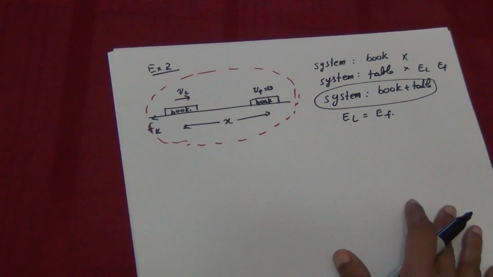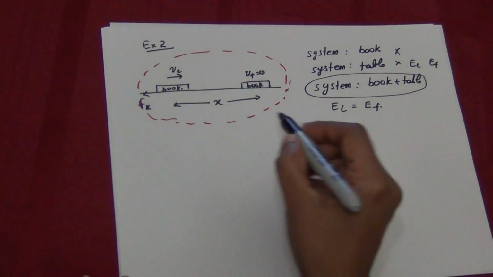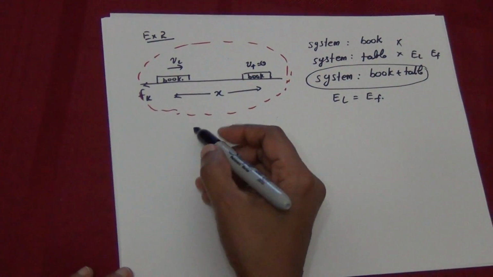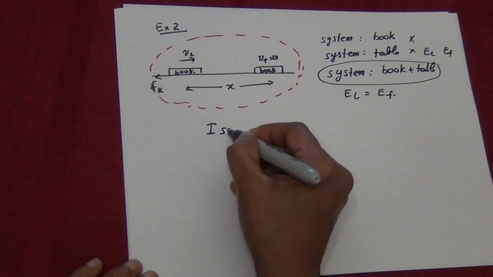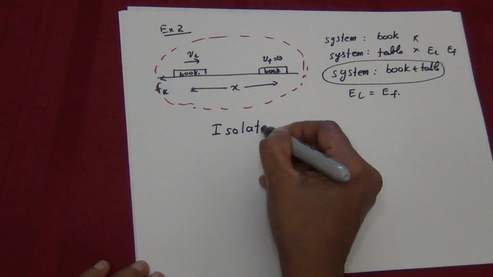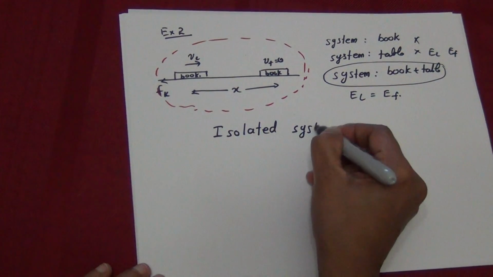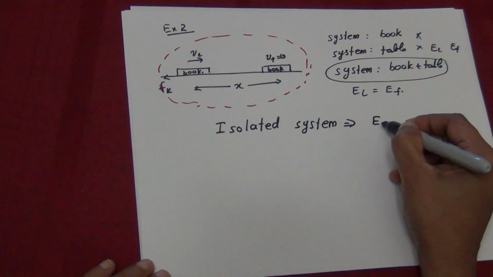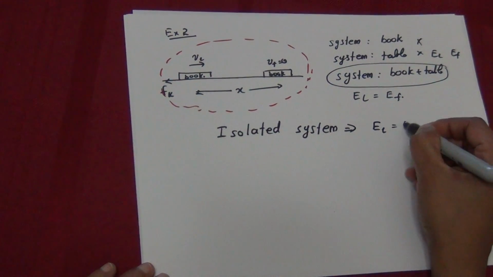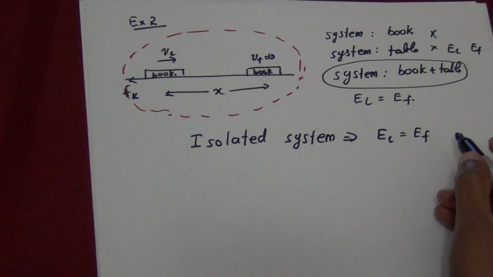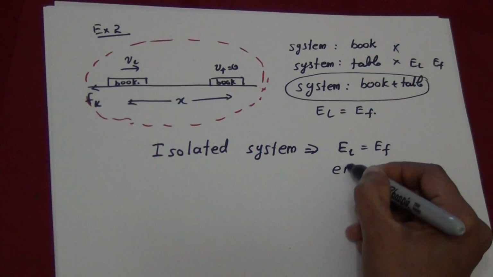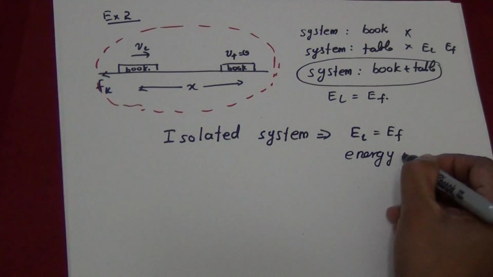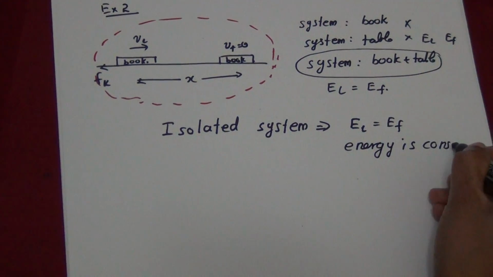By using these two examples, what I have given you is an idea of an isolated system in which the initial energy is equal to the final energy, or in other words, the energy is conserved, right?